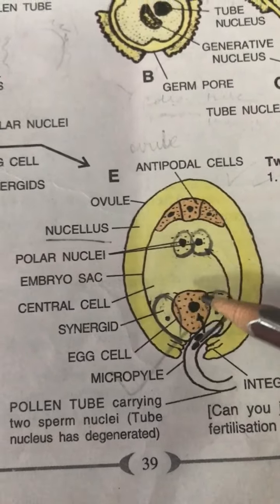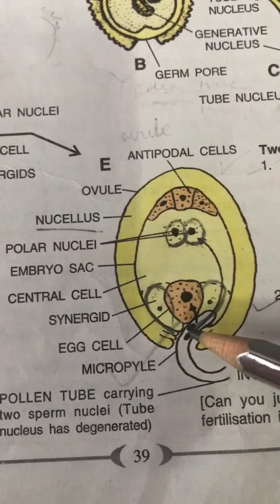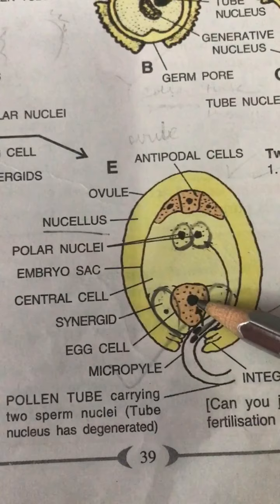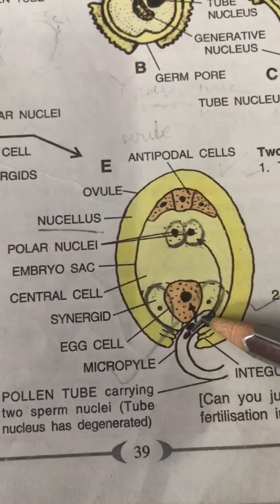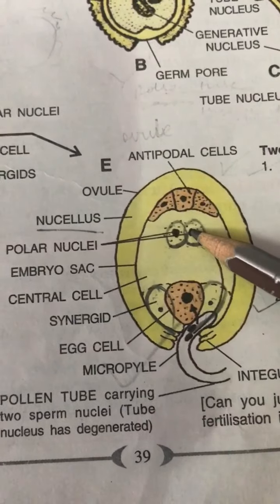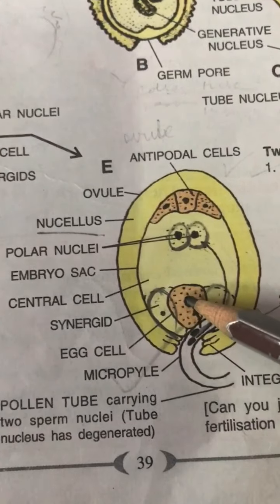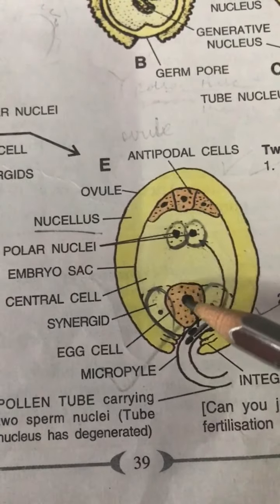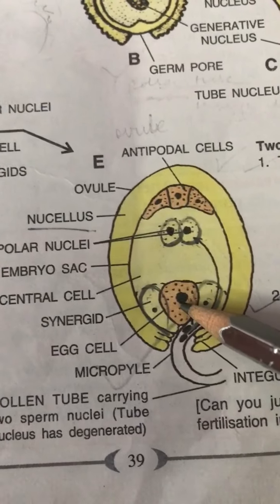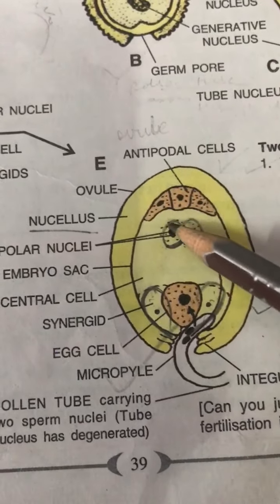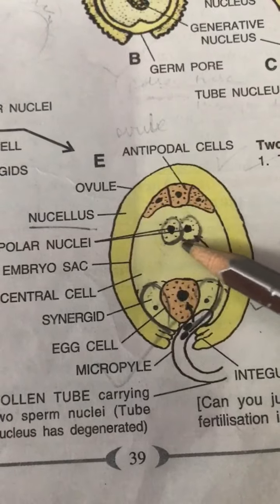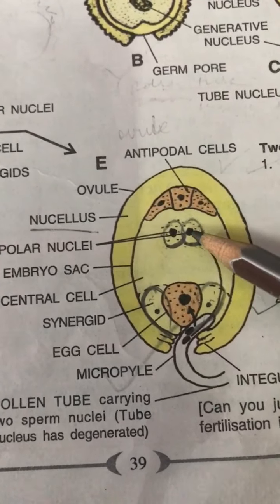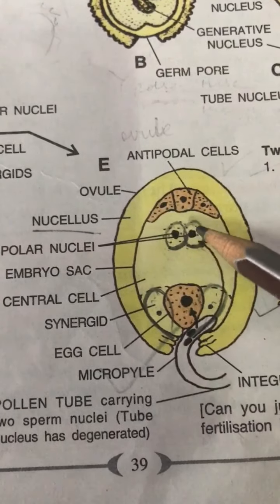So overall 2 fertilizations are occurring, one between the male gamete and the egg nucleus and second between the male gamete and the secondary nucleus. The product formed here is the zygote, which later changes to embryo, which will give rise to the baby plant. Whereas here, the product formed is the endosperm nucleus, which will later form the endosperm.